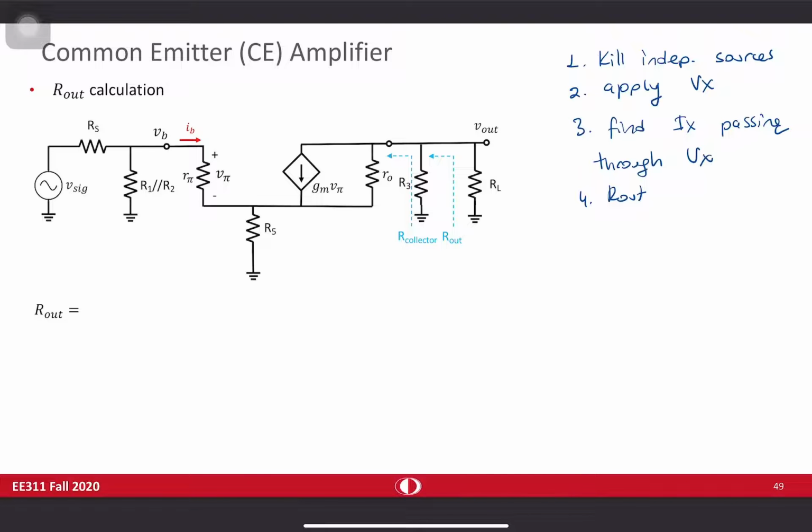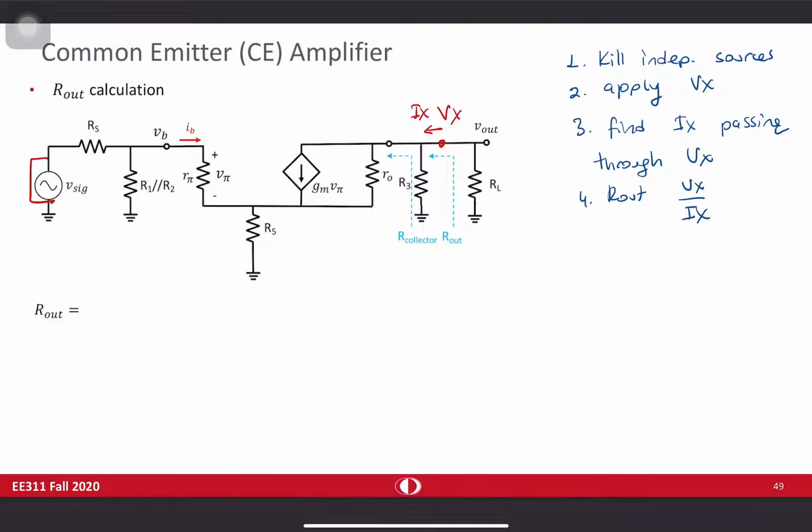Rout is Vx over Ix. So I'm going to apply Vx in here. I will find Ix passing through it when I kill the independent sources.